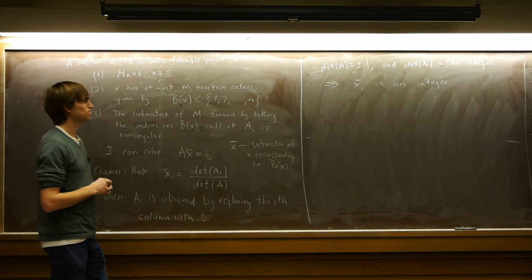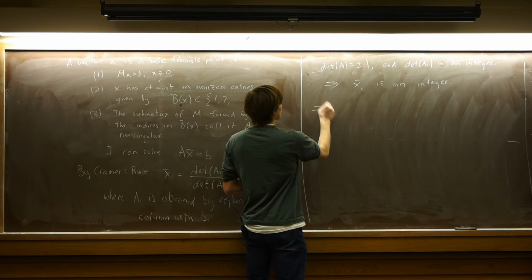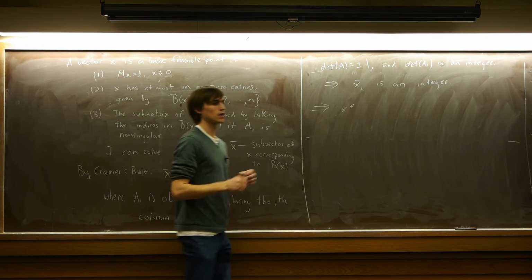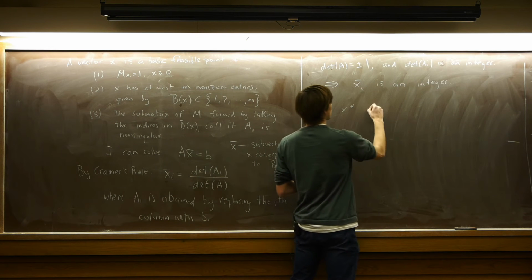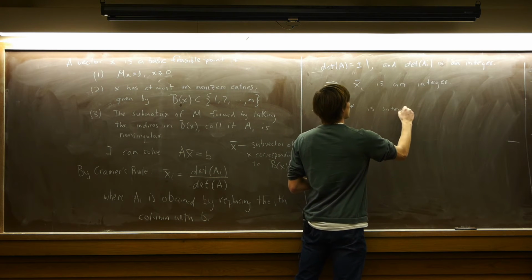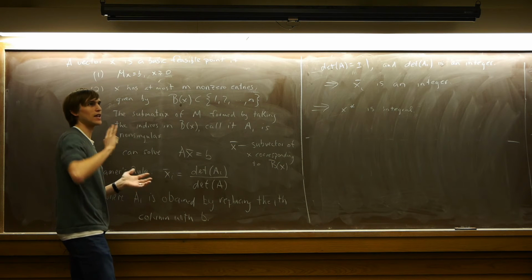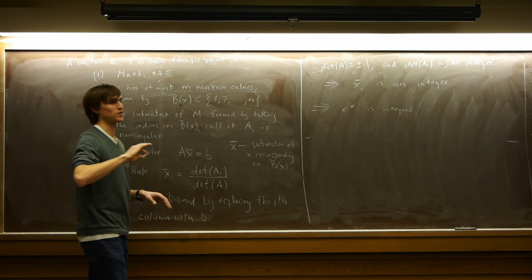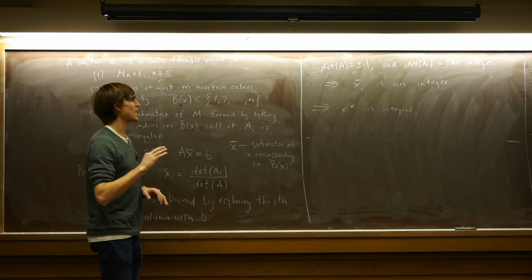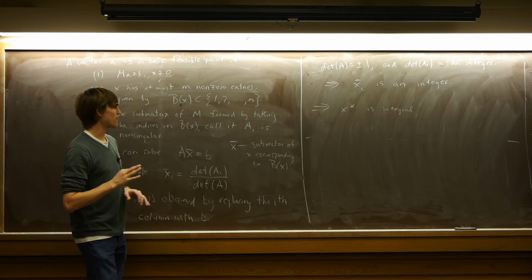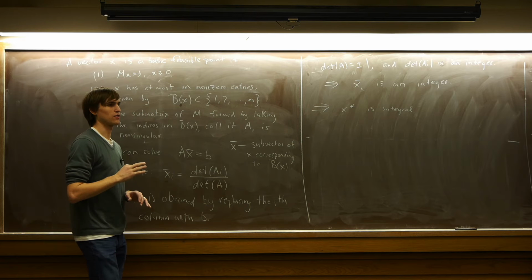Okay, I'm trying to think if there are any special cases where B is not totally integer, yet you have a determinant of A_i that is an integer. I was just thinking about that now because I didn't think about it while I was doing the talk. Off the top of my head, I don't have an example of why that would happen or a proof why that couldn't happen.